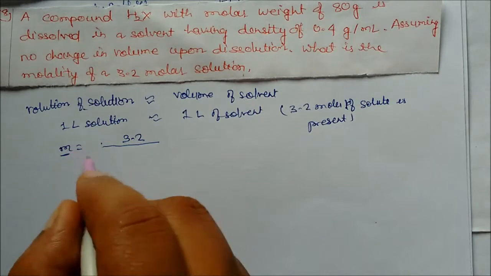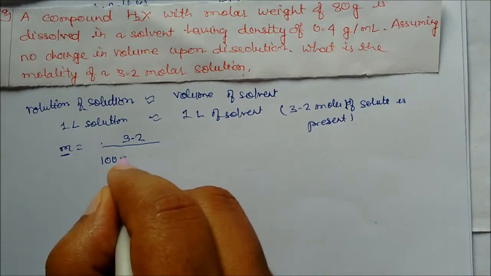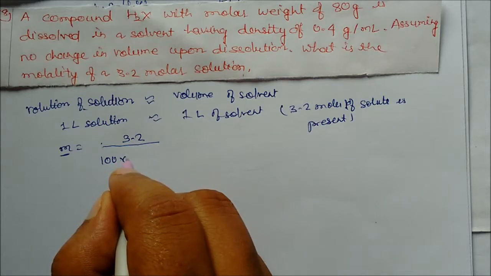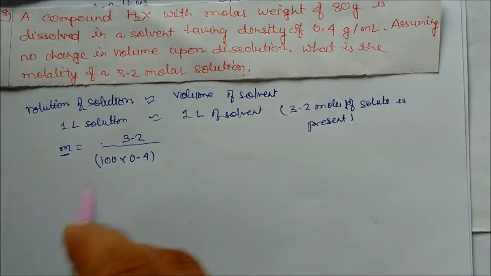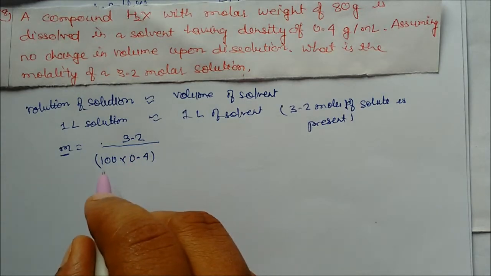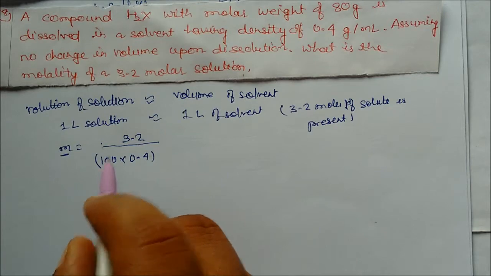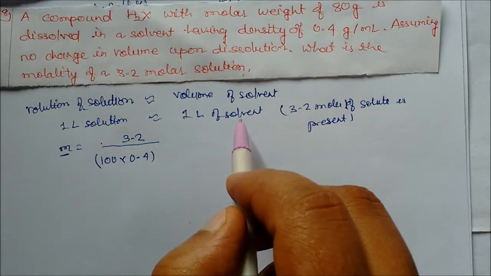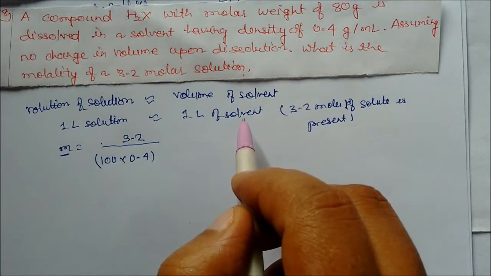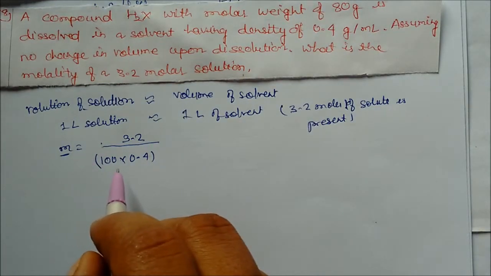The density is given. So weight of solution is 1000 multiplied by 0.4. So this is your density, this is the volume. Volume of solution is this much, 1000 into 0.4. So this is the solvent they have given. So 1 liter we already know that. So this becomes how much? 1000 into 0.4.